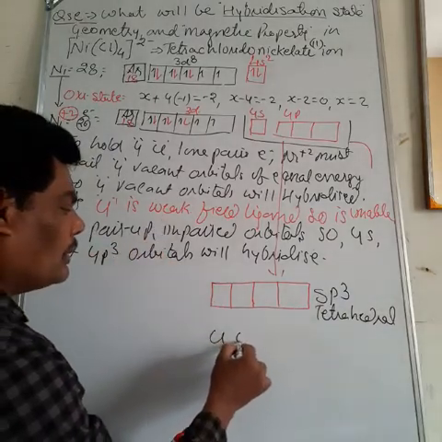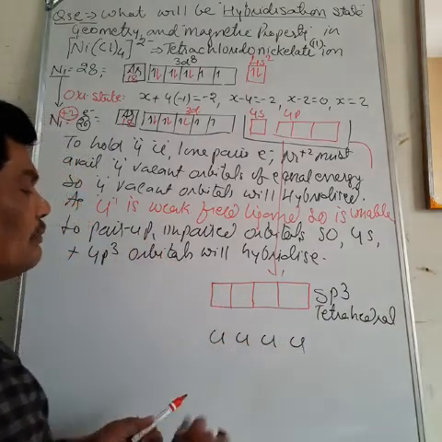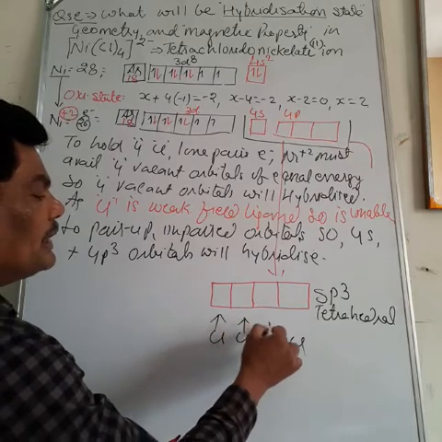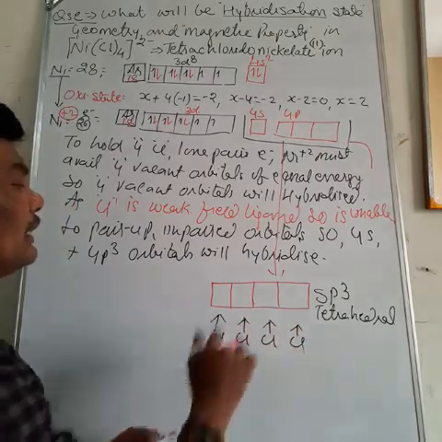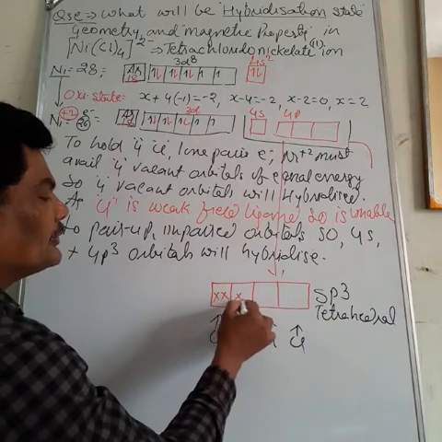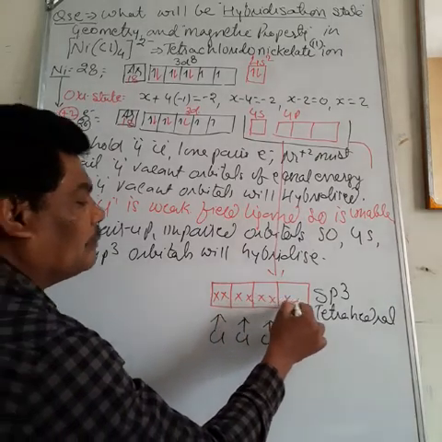Now there will be 4 Cl ligands. Each Cl ligand will donate a lone pair of electrons, which will be gained by the Ni2+ cation. So now the complex is getting formed.